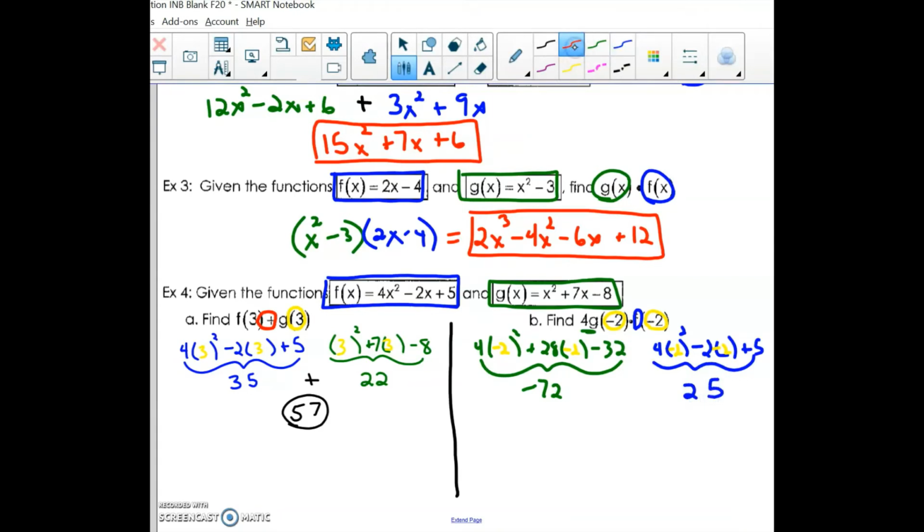And then the problem says we want to multiply those two values together. So we're multiplying negative 72 times 25. And yeah, I wouldn't do that by hand. So make sure you have your calculator out. Times negative 72, which gives us negative 1,800.